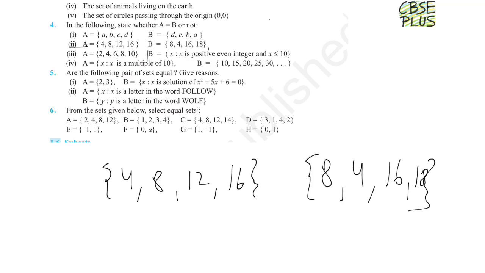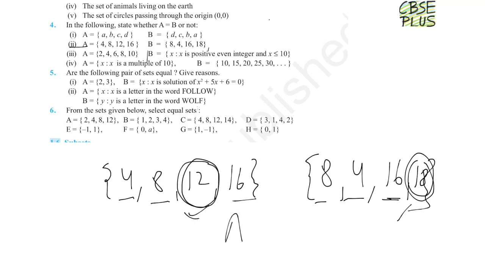So here we can see that 4, 8, 16 is common, but 12 is not common in these two. Here we have 18. So there are two elements which are not common in these two sets. So we can simply say that here A is not equal to B.